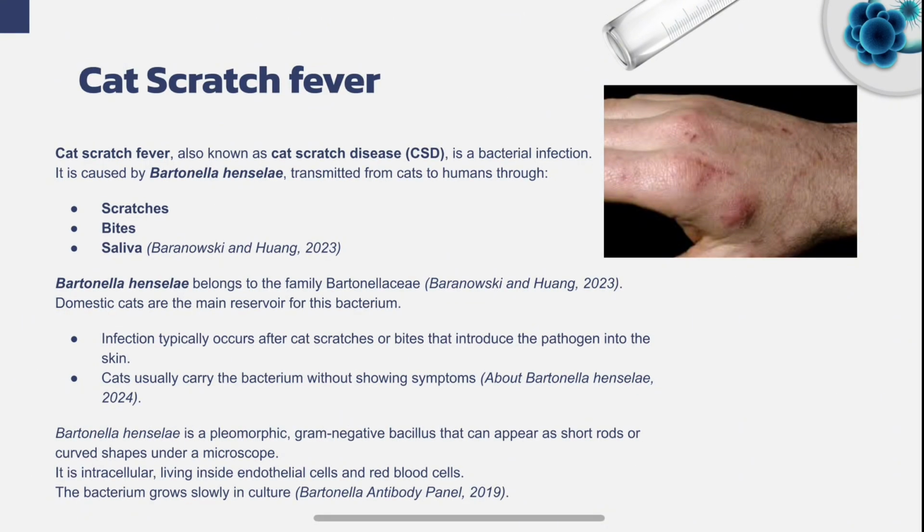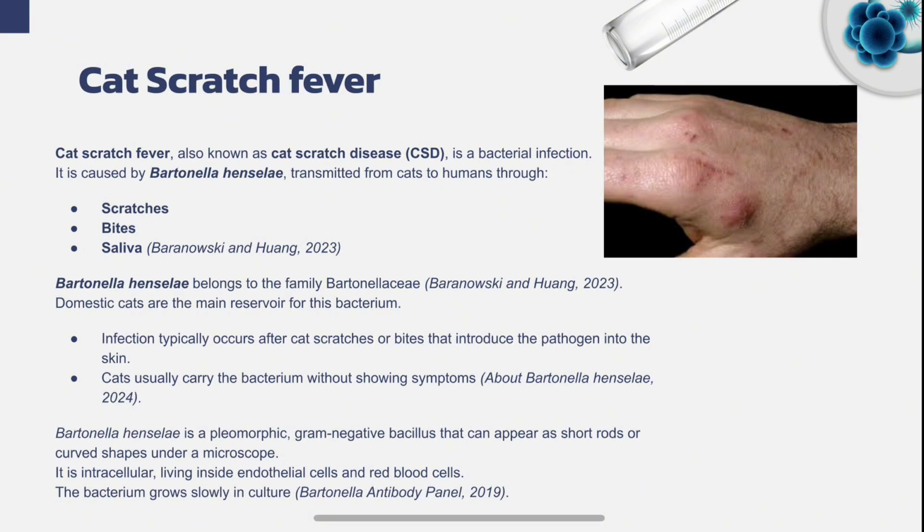On to our next slide is cat scratch fever, also known as CSD, short for cat scratch disease. This disease is also a bacterial infection. It is caused by Bartonella henselae, which is transmitted from cats to humans through scratches, bites, and also saliva.